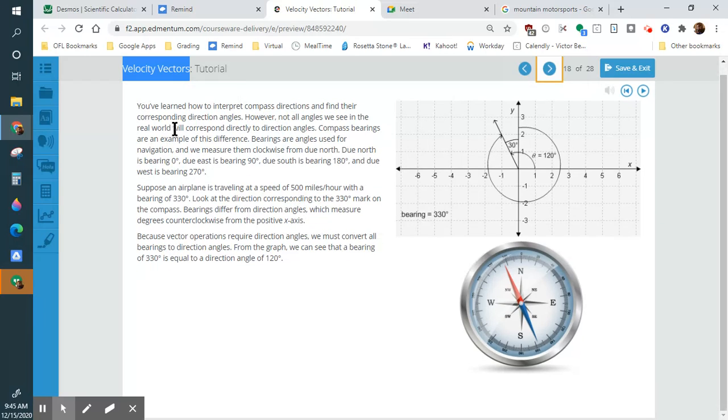However, not all angles are like that in the real world. Again, it just depends on what you're using as your reference point, because for operations we must convert all bearings into degree directions. Because of how the maps are, we have to do it that way.